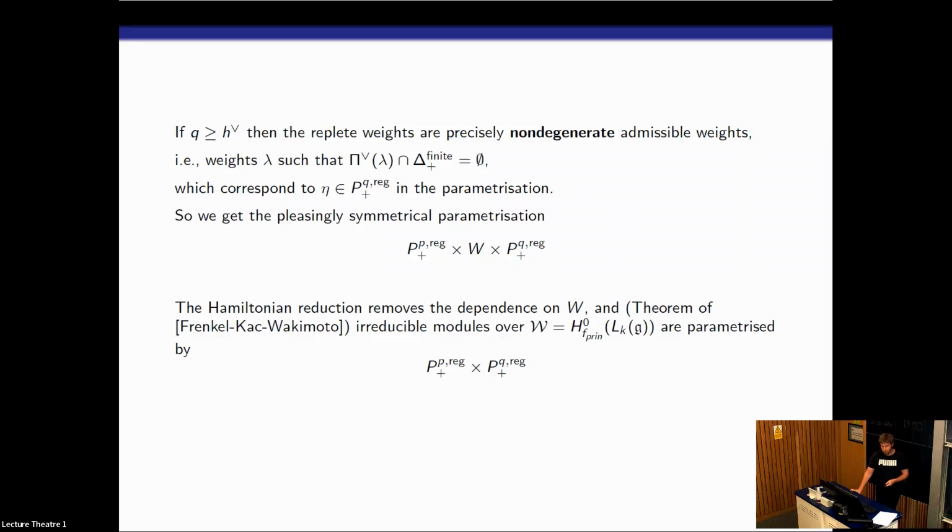Now it's well understood that the process of Hamiltonian reduction essentially removes the W parameter here. So we get a parametrization of irreducible modules for the W algebra just by the product of these two sets of regular weights, of level P and level Q.